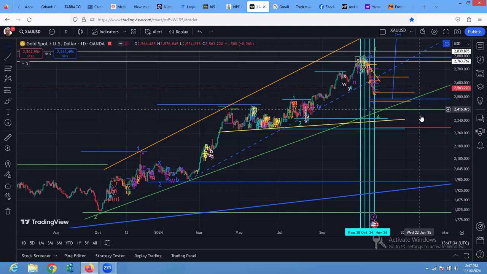If we break that, of course, we shouldn't break 2300 before we go back to the upside.